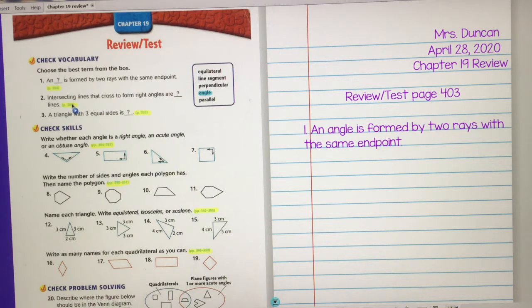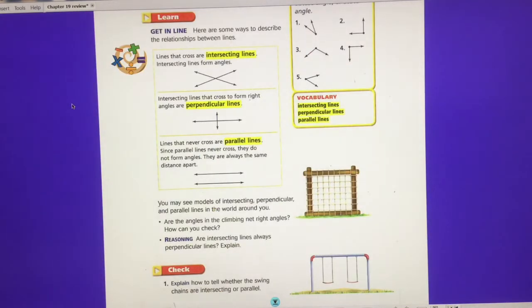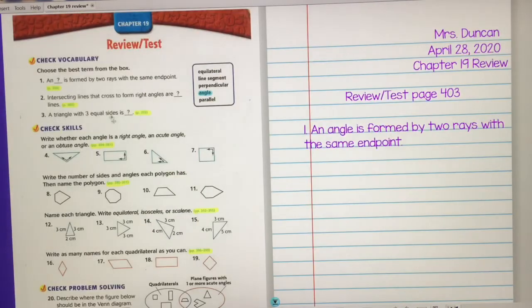Well, perpendicular lines are intersecting lines that cross to form right angles, where parallel lines never cross. So remember, they cross to form right angles, meaning that number 2 is intersecting lines that cross to form right angles are perpendicular lines.